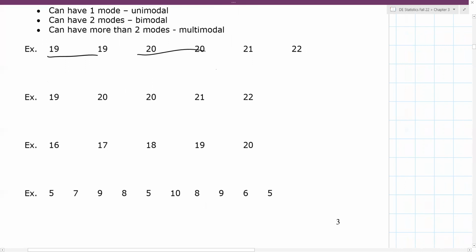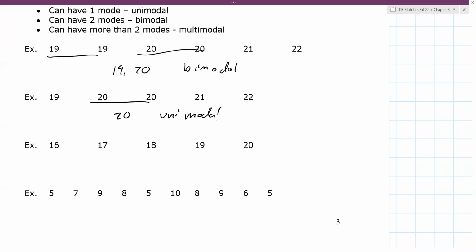So this would be bimodal. On the next one, 20 is the only number that repeats. So that is our mode, and it is unimodal. This third one, there is no repetition. So there is no mode.